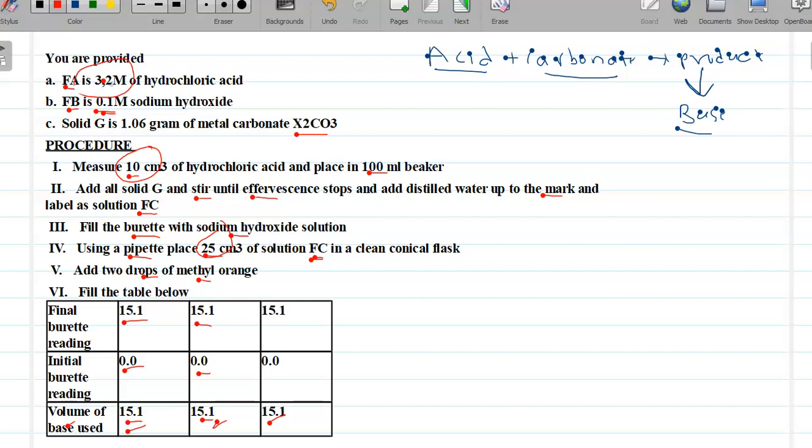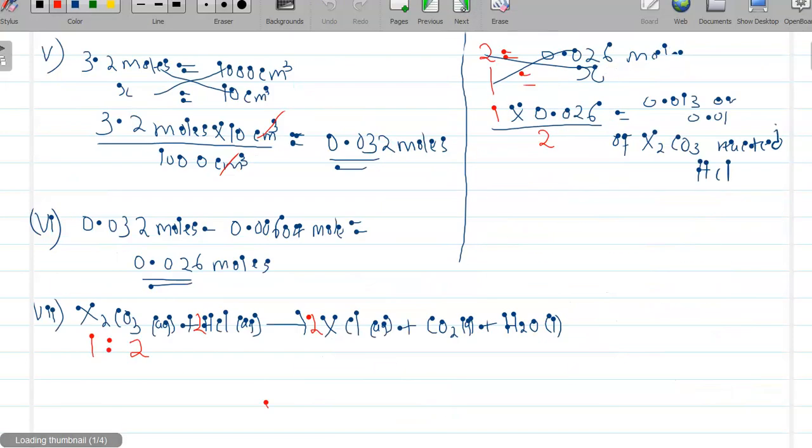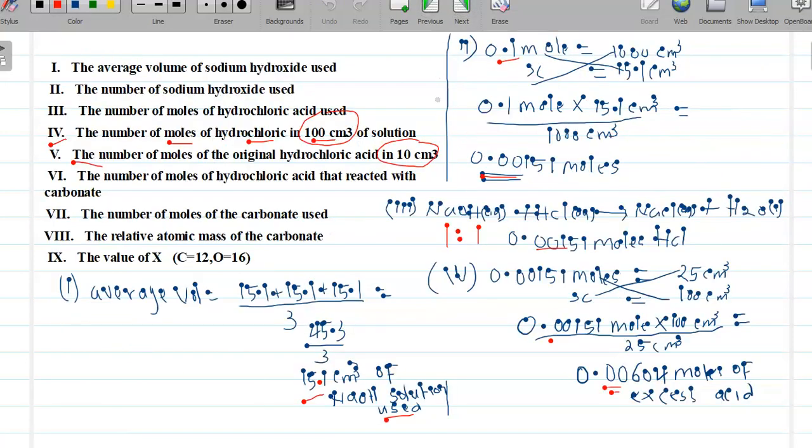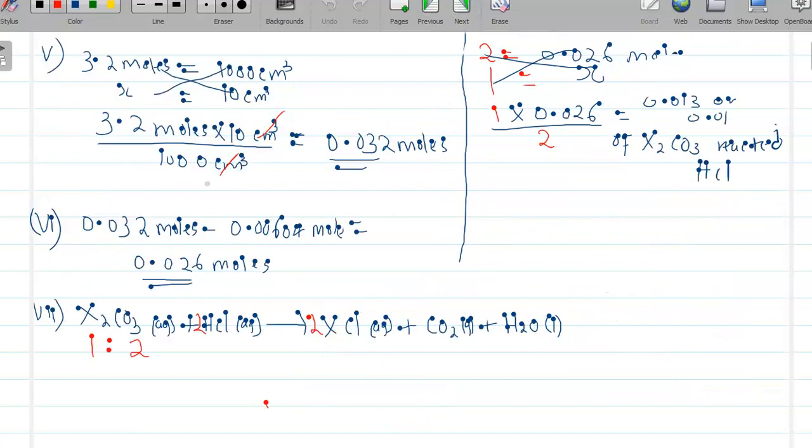It is 3.2 molar. 3.2 molar is equal to 1000, which is the molarity of the original acid. What about 10? That's what we do in question Roman 5. Then you cross multiply 10 times 3.2, then you put 1000 at the bottom, then you cancel, then this is the value that you will get.